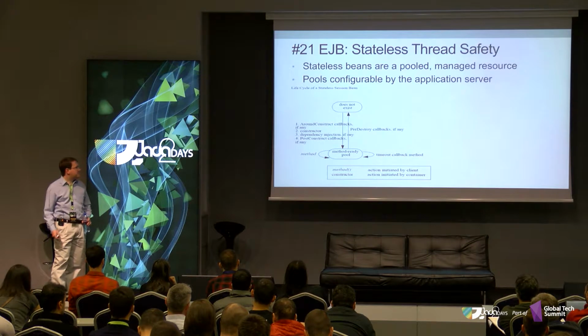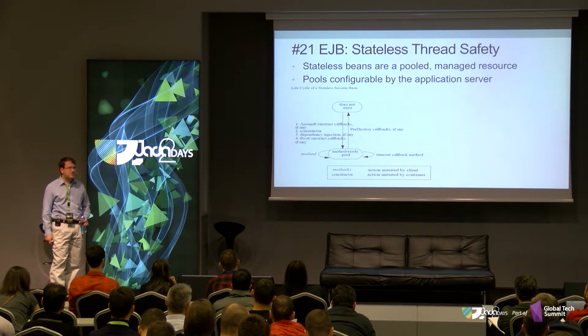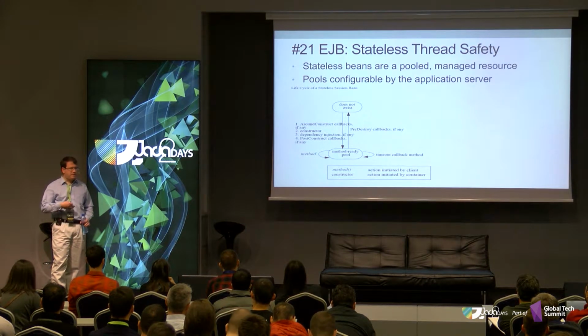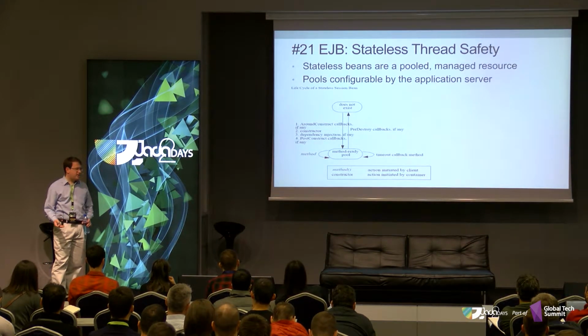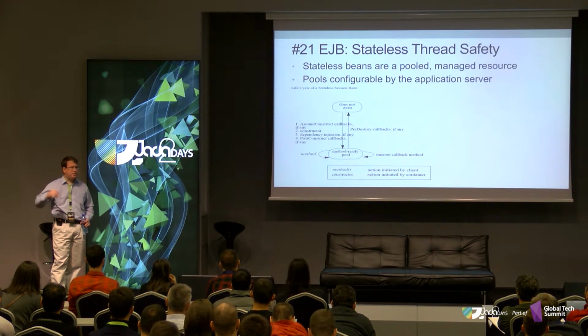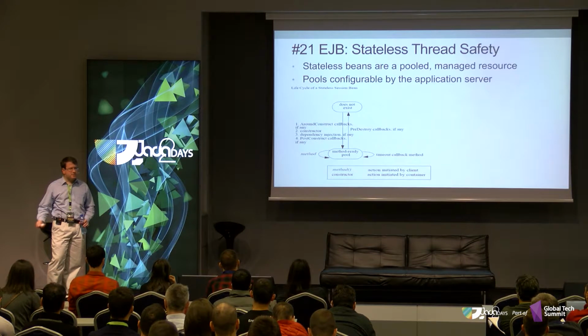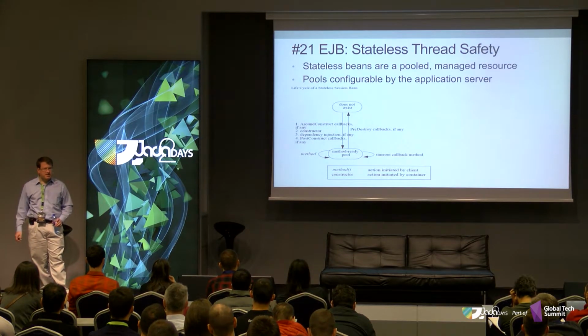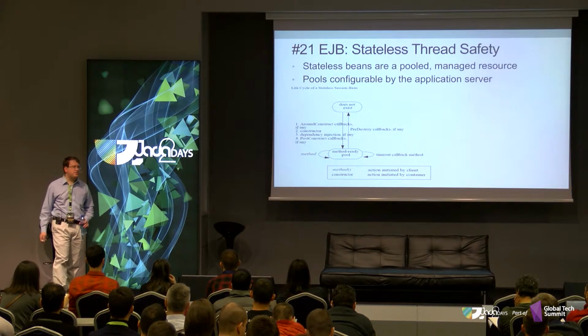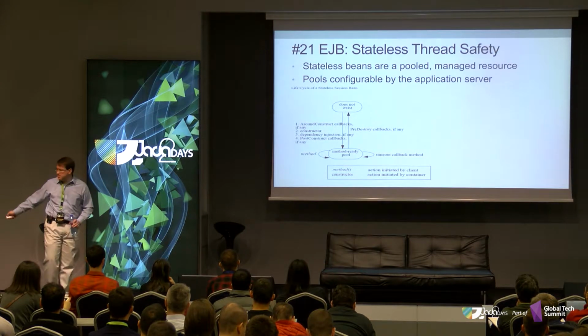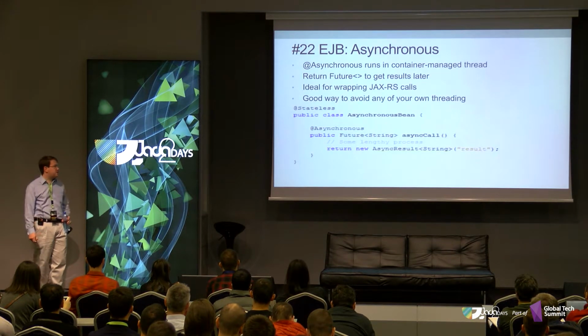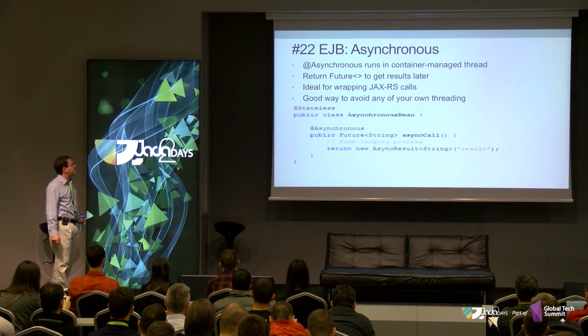So depending upon your application, you might have to change the size of the pool to achieve the performance that you're trying to get. Because if the initial pool size is set to 25, or the high watermark is set to 25, and 100 requests come in, 75 of them are going to sit there and wait for resources to free up for a bean to become available. So make sure you size your pools correctly and don't save state in them.